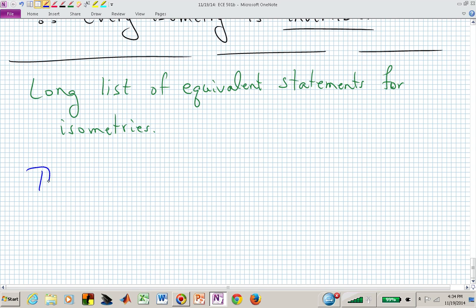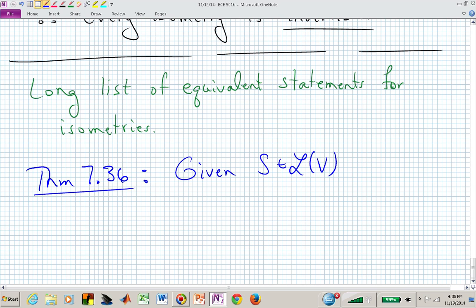And this is coming to us in the form of Theorem 36 in Chapter 7, which says, given S is a linear map or a linear operator on this inner product space V, the following statements are equivalent.